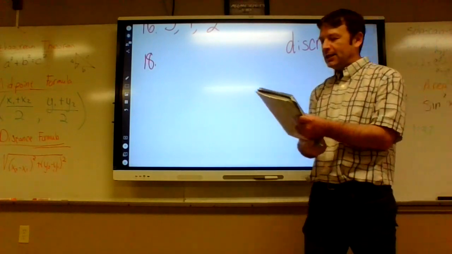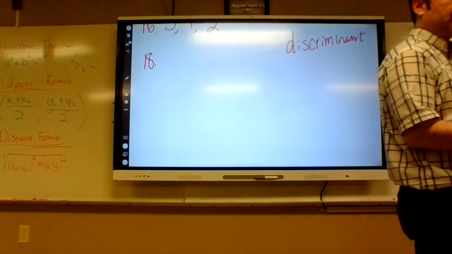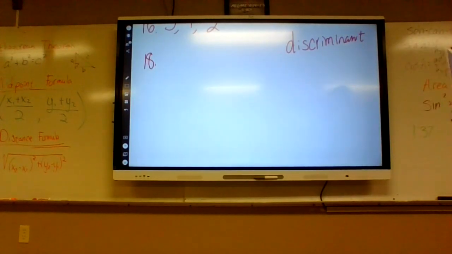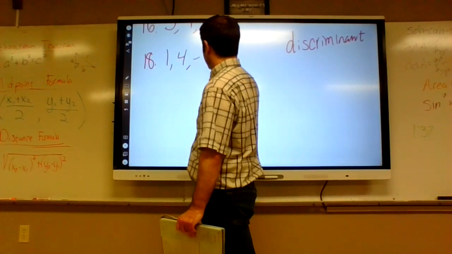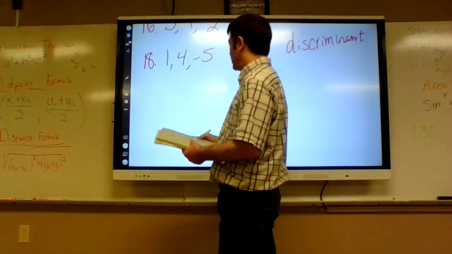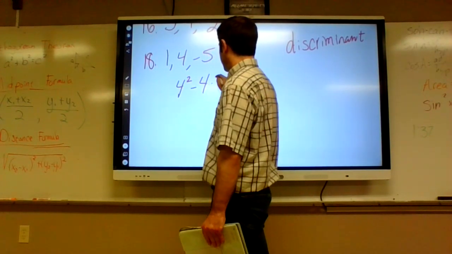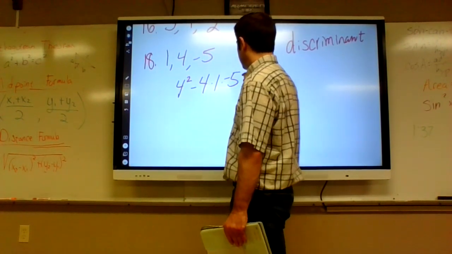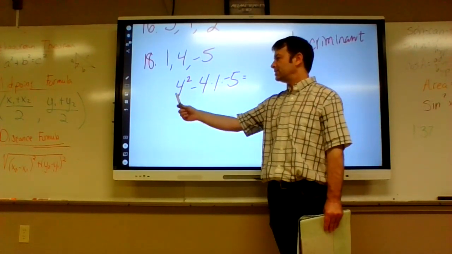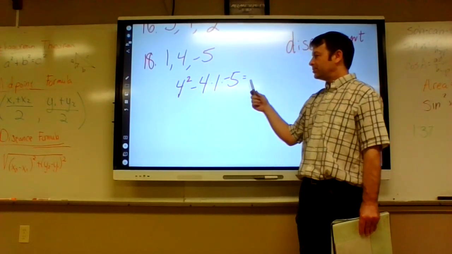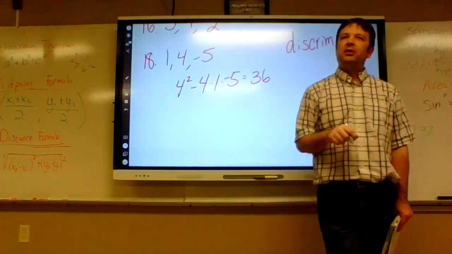So we still need a, b, and c. On 18, what's my a, b, and c? 1, 4, and -5. No tricks on that one. So b squared would be 4 squared minus 4 times a times c. -4 times -5 is 20. 16 plus 20 is 36.